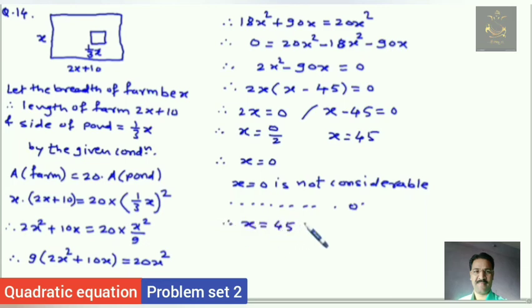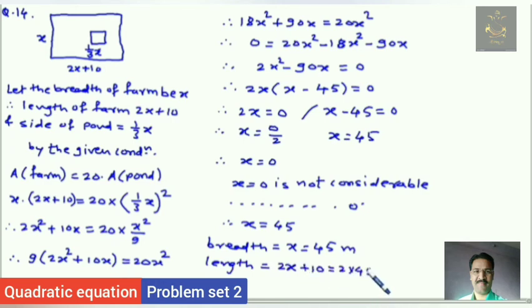If x equal to 45, then what is that? Breadth of that farm is x equal to 45 meter. Now what about length here? That is twice of x plus 10. So 2 into 45 plus 10, that is 45 into 2, 90 plus 10, 100 meter.